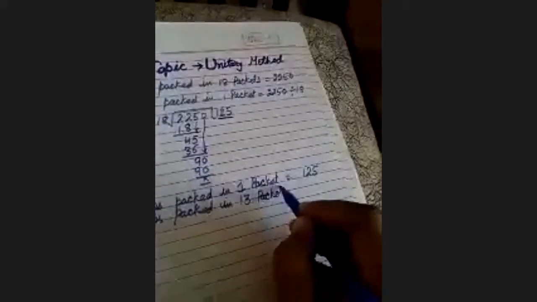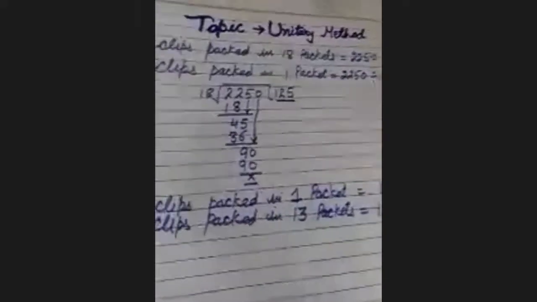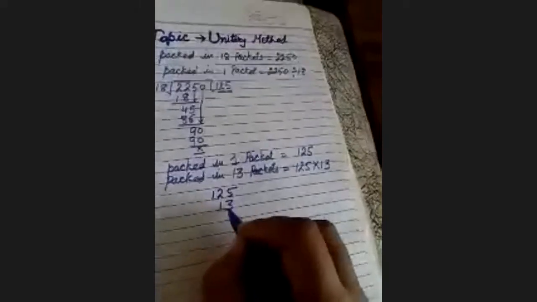Now clips packed in 13 packets: 125 multiplied by 13. To find the clips packed in 13 packets, we will multiply 125 by 13.